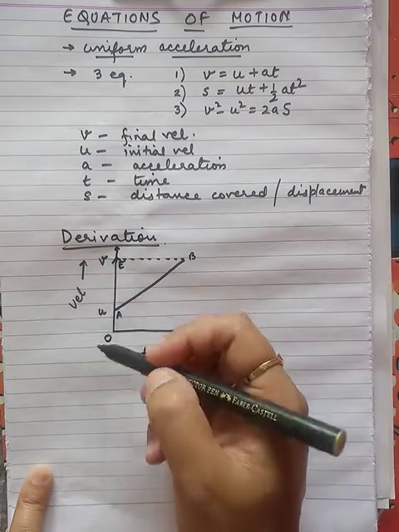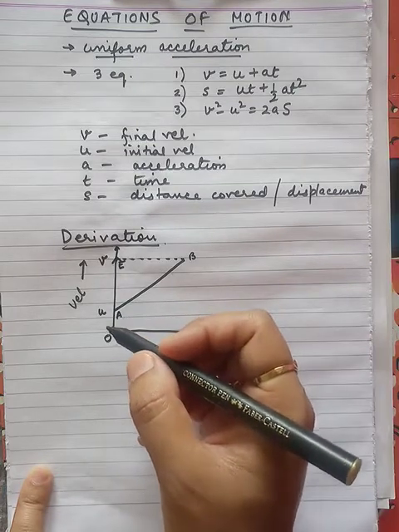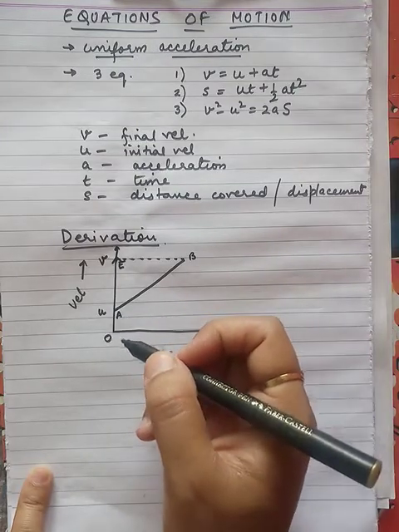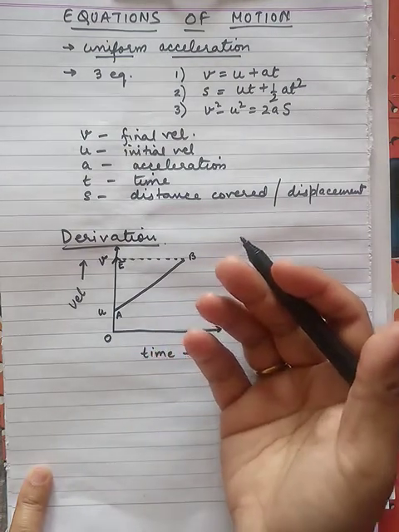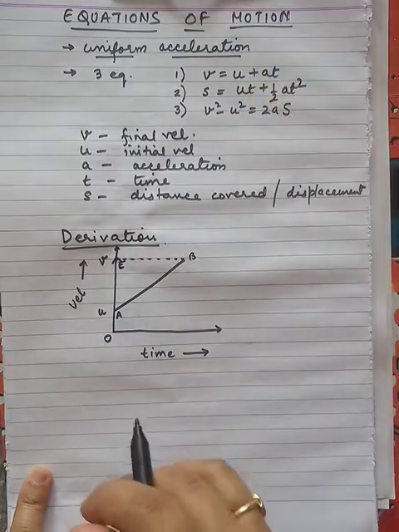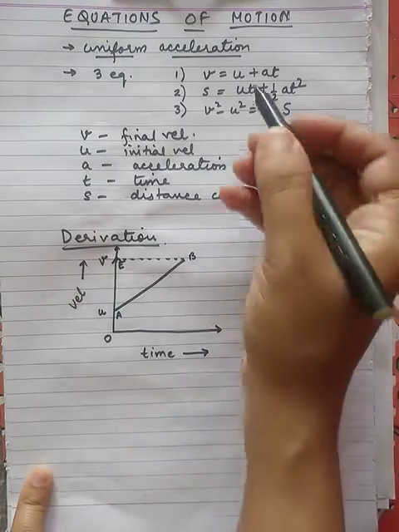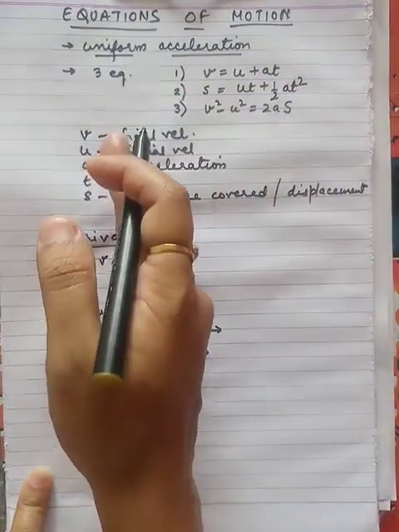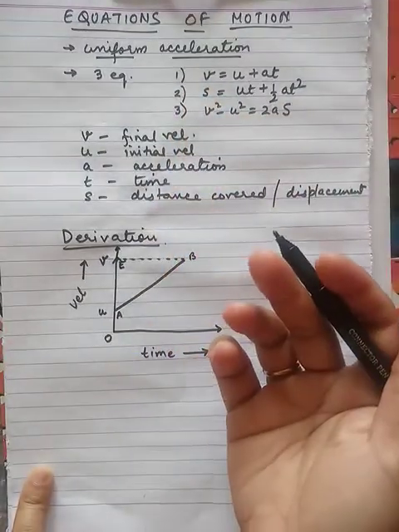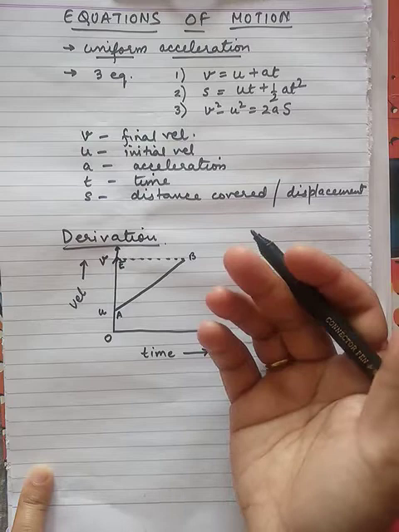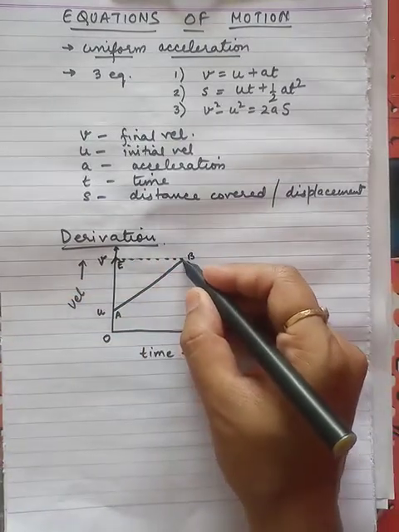On a graph we will always consider some numeric values, but in this case we are considering only the generalized graph, because we have to deal with the variables and derive an equation which should be a general equation applicable for all cases. All cases means when initial velocity has some value or 0, or maybe final velocity can be 0 in some cases. So the graph should be a generalized graph.